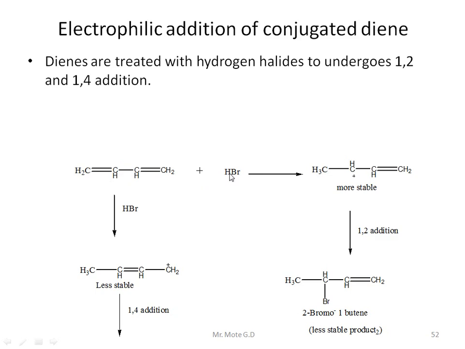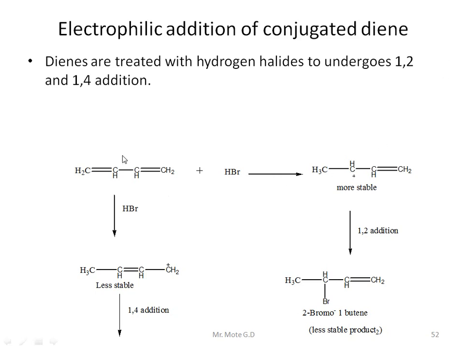If hydrogen goes to there and Br, it will produce a positive charge at the second position, which is more stable. In addition of bromine at the second position to form 3-bromobutene, it is the less stable product. If the intermediate is more stable, the product is less stable. It is the inverse case in the alkene.